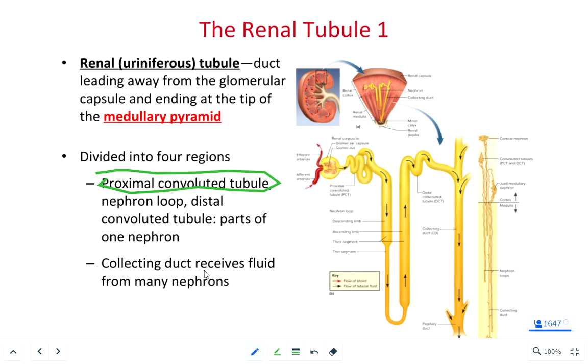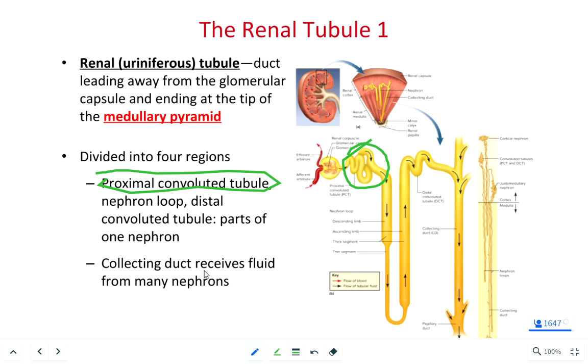It means windy, twisty, turny, indirect. So when we think of a proximal convoluted tubule, it's a windy, twisty tube near the renal corpuscle. Our proximal convoluted tubule in this diagram is right there, circled in green. That windy, twisty tube right next to the renal corpuscle.